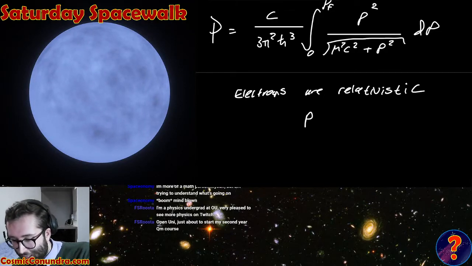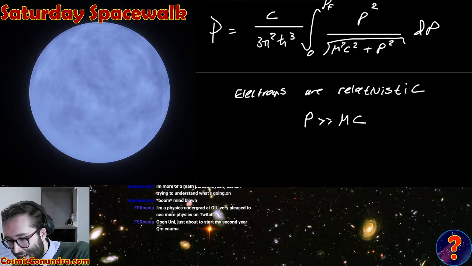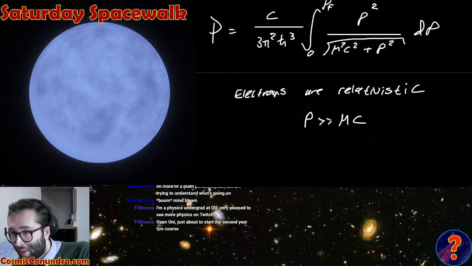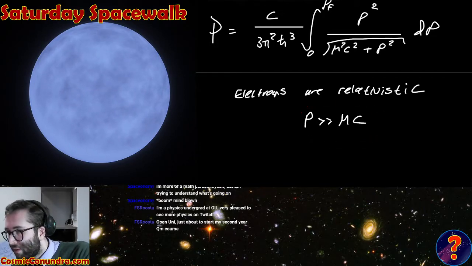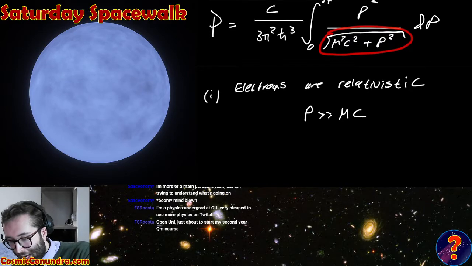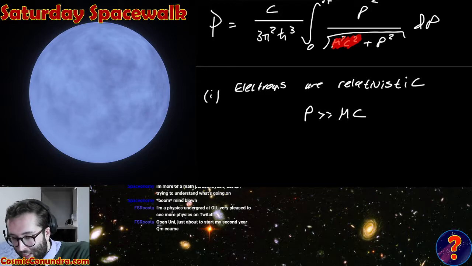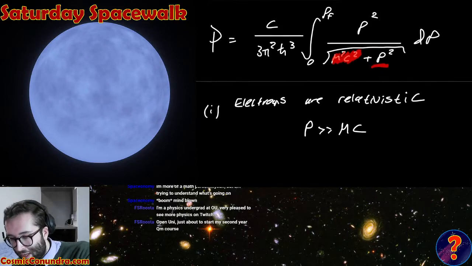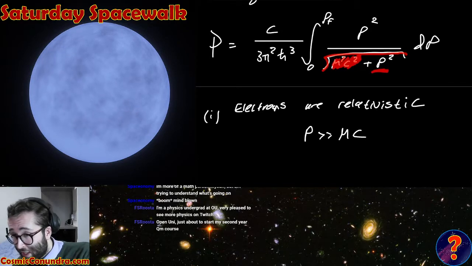The condition actually is just that their momentum is much, much bigger than m times c, their mass times the speed of light. If this is true, so if we have relativistic electrons in case 1, then you can approximate this denominator here as just being p squared without the m squared c squared, because this term will dominate. And then you get something very simple. You get the square root of p squared on the bottom, which is just p.